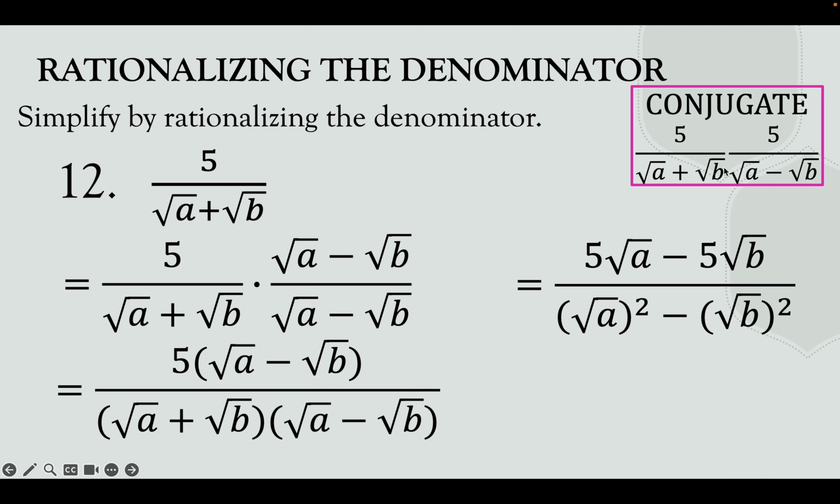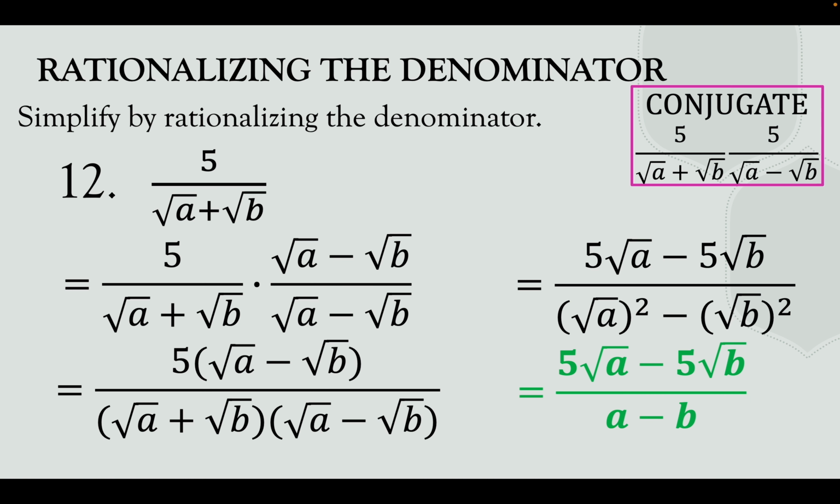So we have here 5 square root of a minus 5 square root of b over square root of a squared minus square root of b squared. So we can eliminate the radical sign and the exponent. So we have the final answer, 5 square root of a minus 5 square root of b over a minus b.